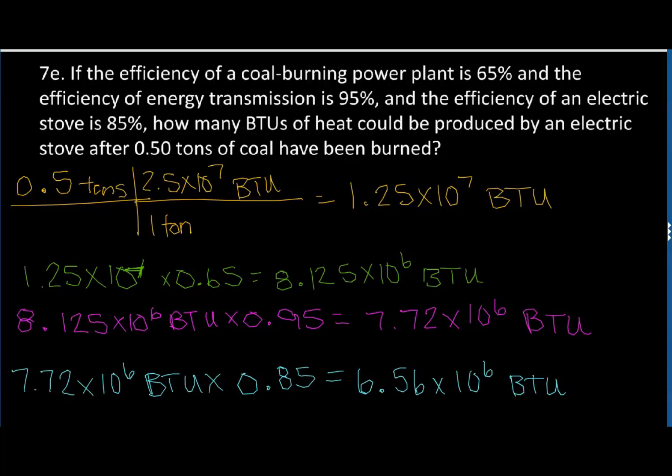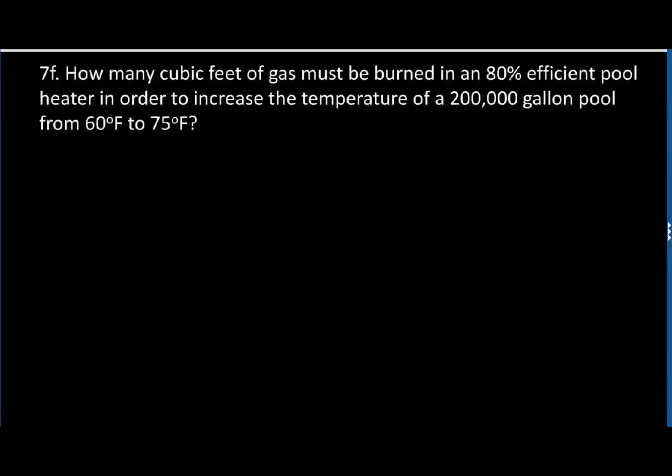Okay, so this will be our answer. I believe, oh, there's one more step. I'm going to leave this one. Well, I guess I could do it. I did all the others, so I might as well do this one for you as well.